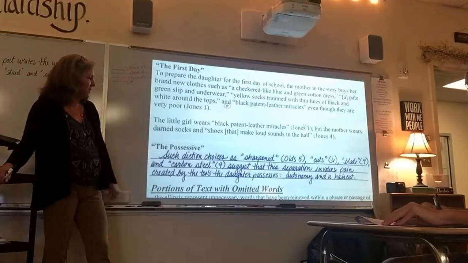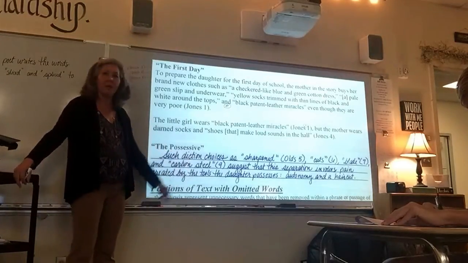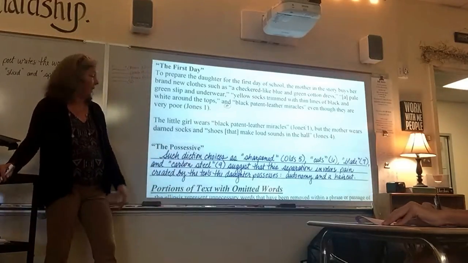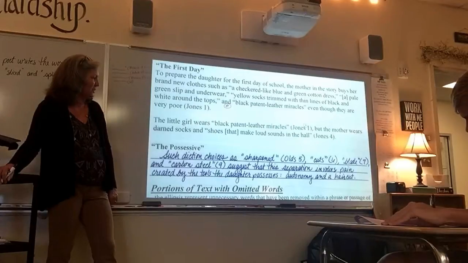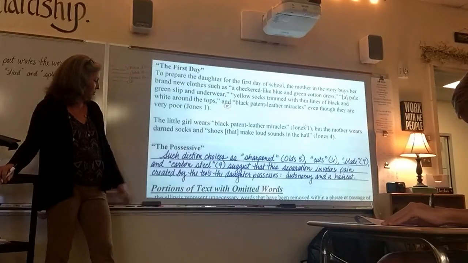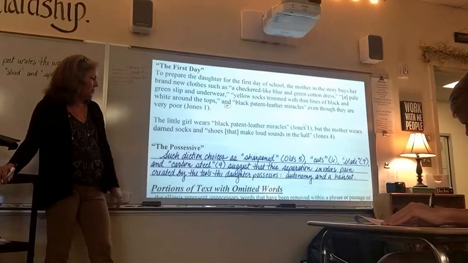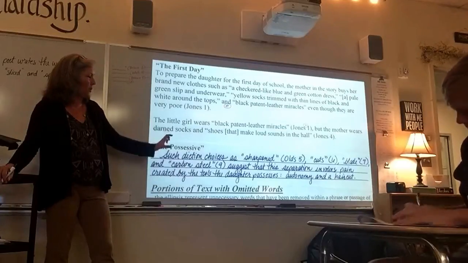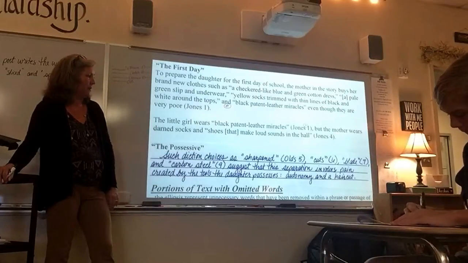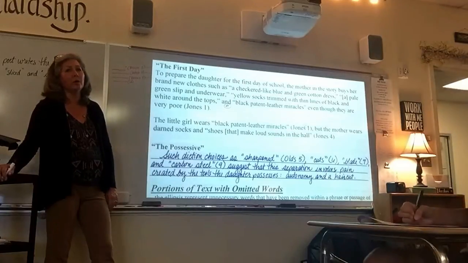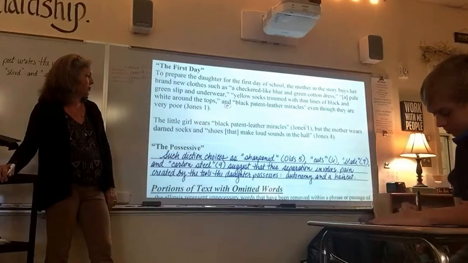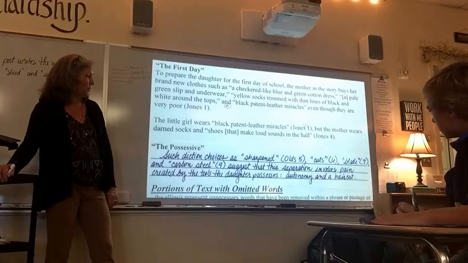Such diction choices, diction just being a fancy word meaning word choices that the poet makes, such diction choices as sharpened, cuts, blade, and carbon steel suggest this separation involves pain created by the tools, and the daughter possesses autonomy and a haircut. That's her way of wielding her own will, okay, through making decisions on her own.